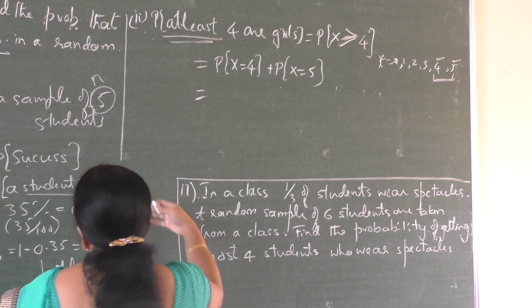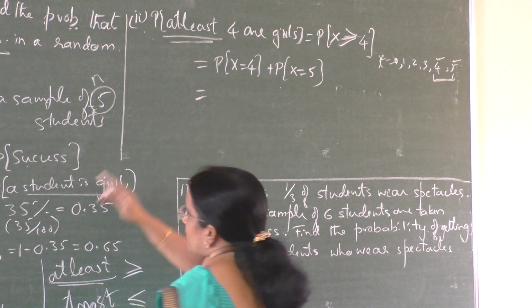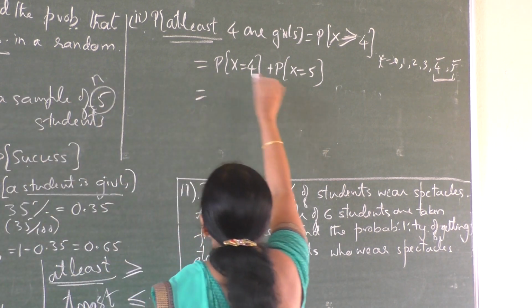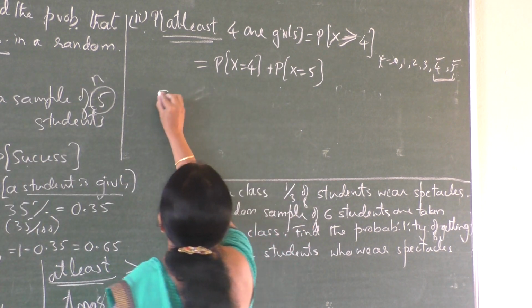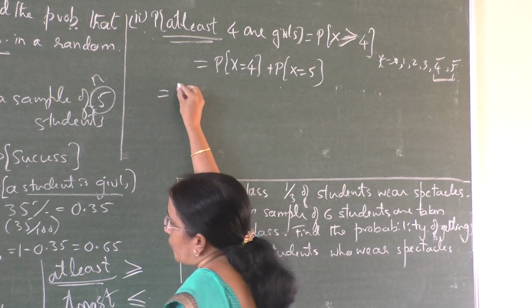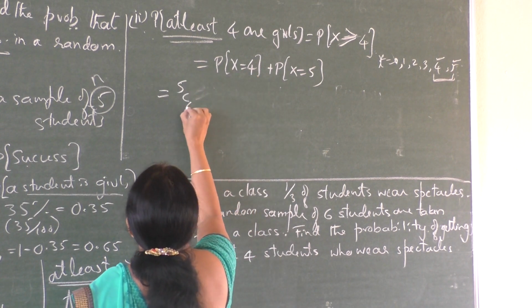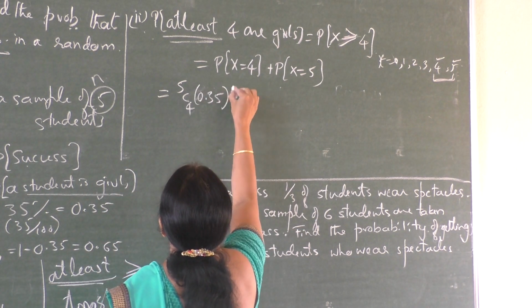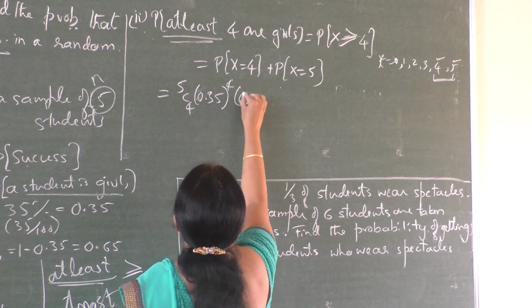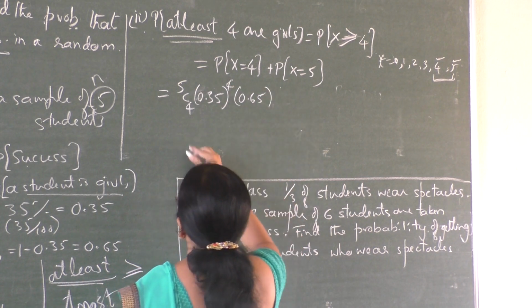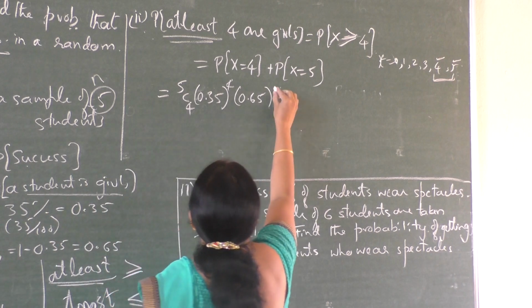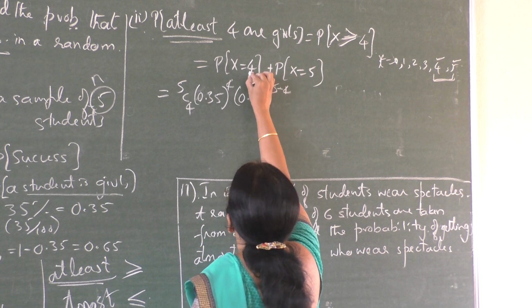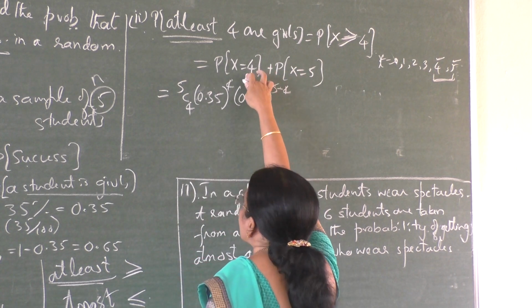Next, the usual step: look at the earlier probability mass function, that is 5Cx. In that, substitute the values. First, put x equal to 4: 5C4 into 0.35 power x, x is 4, into 0.65 power n minus x, n is 5 minus x is 4. This is the first term, P of x equal to 4.